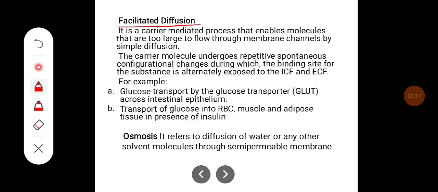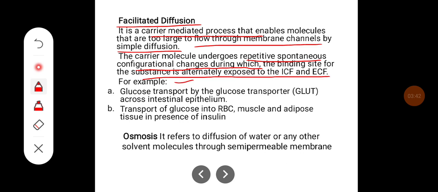Facilitated diffusion is a carrier mediated process that enables molecules that are too large to flow through the membrane channels by simple diffusion. The carrier molecule undergoes repetitive spontaneous configurational changes during which the binding site for the substance is alternately exposed to intracellular fluid and extracellular fluid.